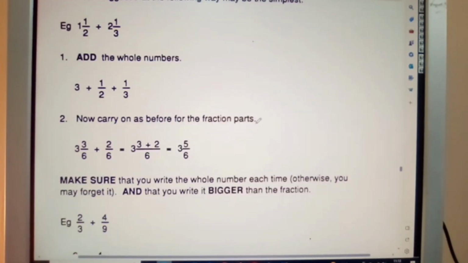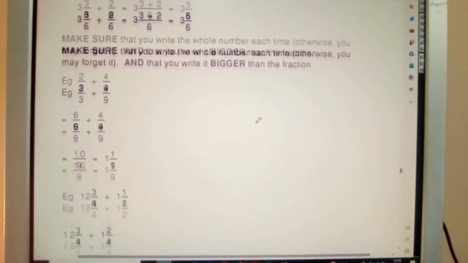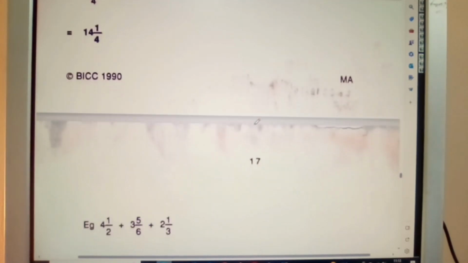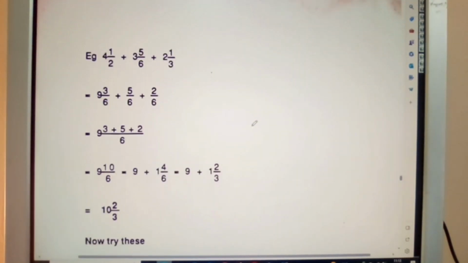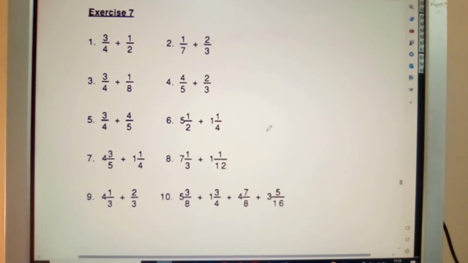And again, we've done some mixed numbers already, so the principle will still be the same. That will not have changed much. Okay. Now try these for yourselves. Okay. Try and get them done.